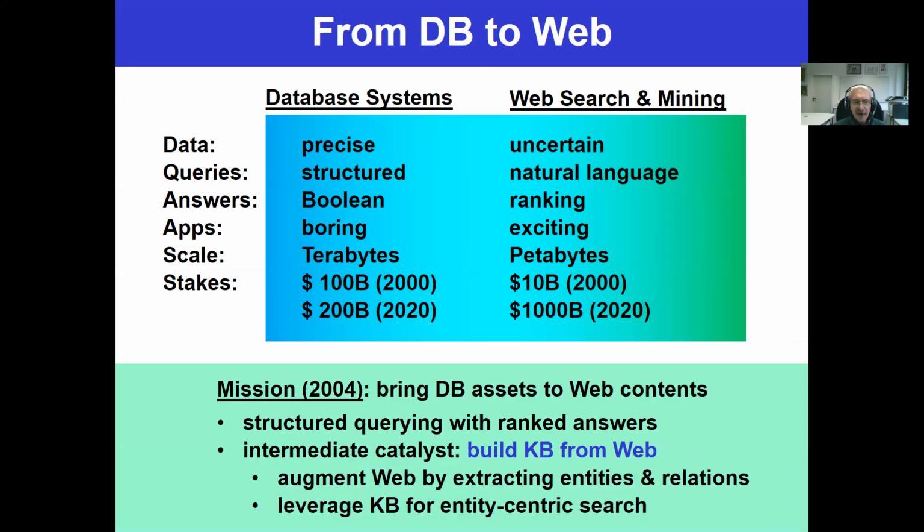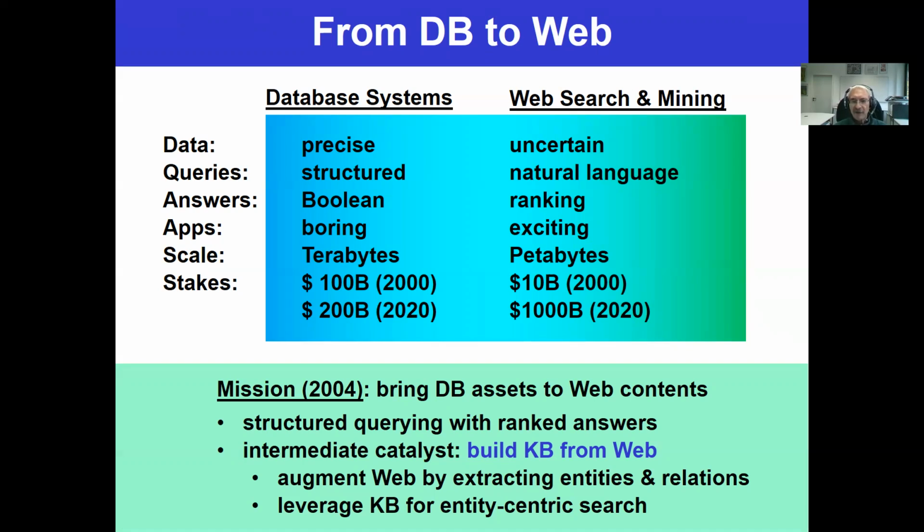So around 2004, I gave myself this mission and vision: bring database assets to web contents, enhance search engines and the understanding of web contents. The first theme we pursued was structured queries over web contents with ranked results, mostly by imposing XML views on the web page contents. That was a mixed success story.